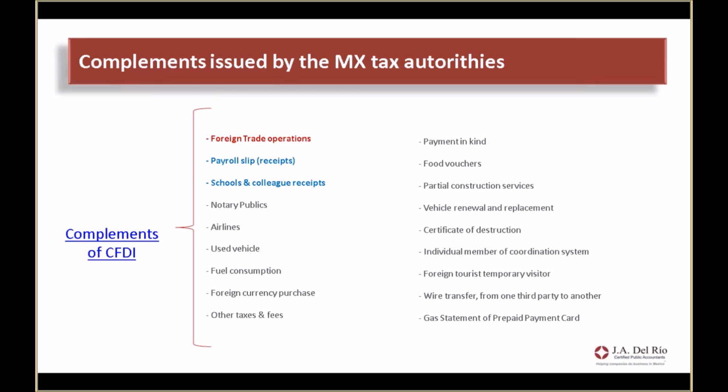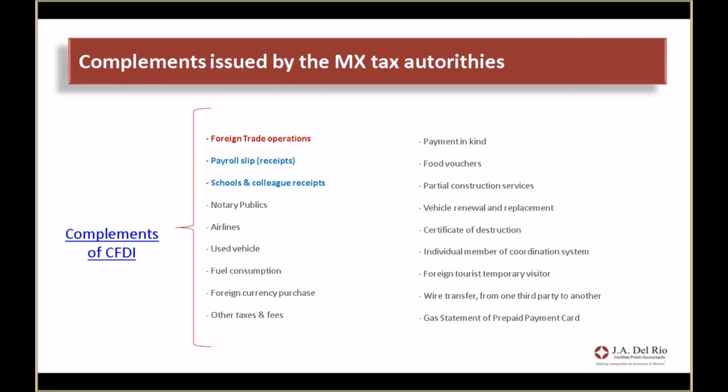But it requires that electronic invoice, that CFDI, to include additional information related to payroll, such as the name of the employee, the tax ID of the employee, the social security number of the employee, as well as some other additional information that needs to be contained for specific sectors or activities. In this case, those were for payrolls.